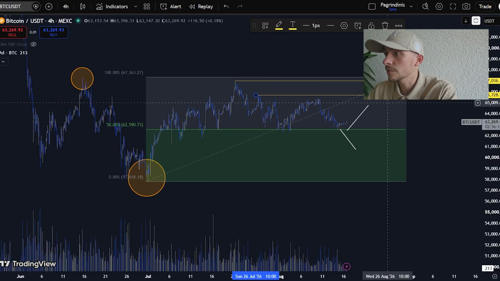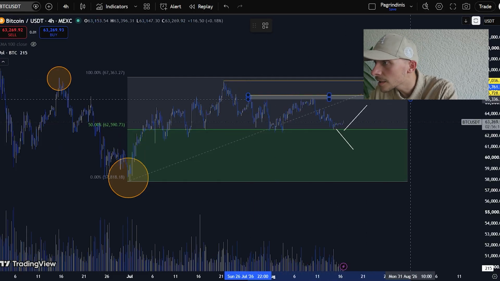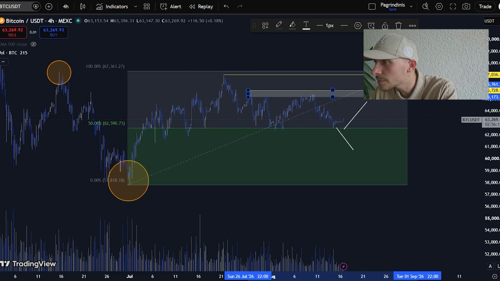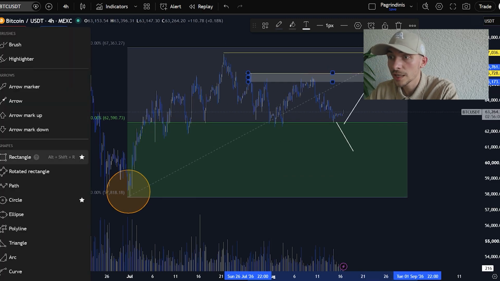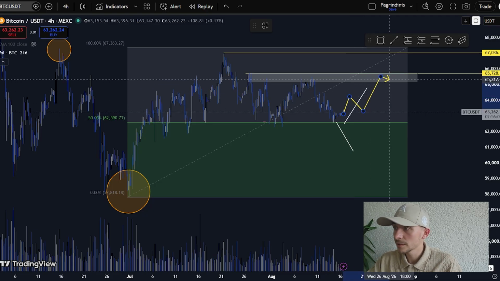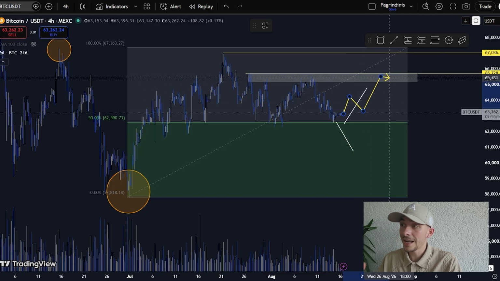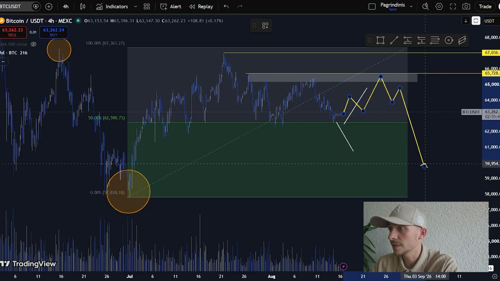For example, we have a supply zone here, it's not really correct, but you get the idea. And if the market goes that way, from about 65k, myself and the Cryptoholic Academy are going to be looking for the short positions. And it's possible it's going to happen something like this.